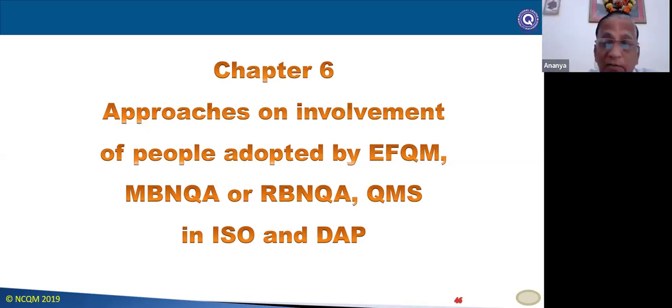Processes means how you convert input into value addition with minimization of error. First time right, every time right. So the process of marketing, process of conversation, maintenance process, quality assurance process. We are interlinking all this here.